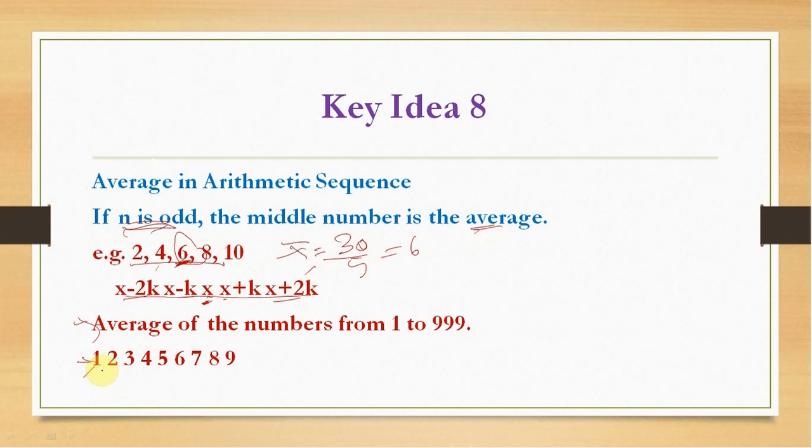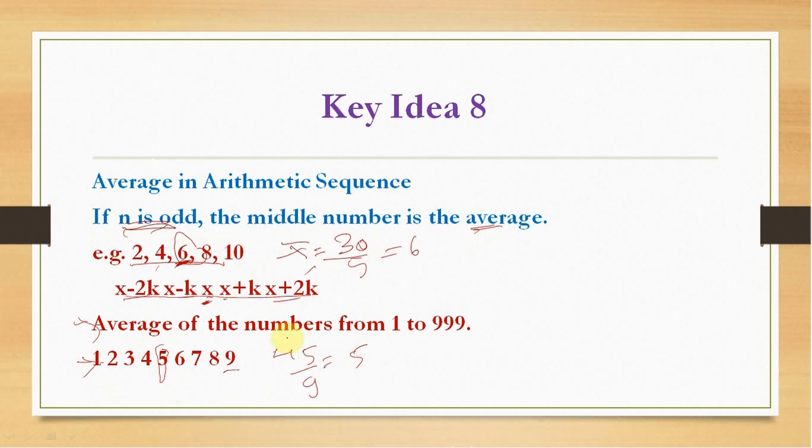The average of the natural numbers from 1 to 9: here the number of observations is 9, which is odd, so the middle number will be the average. We can verify this. The sum of the natural numbers from 1 to 9 is 45, divided by 9, which is 5.